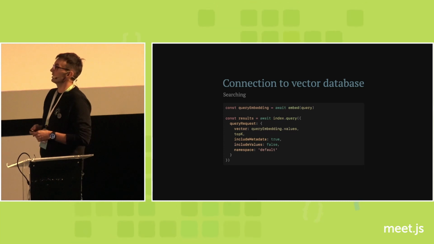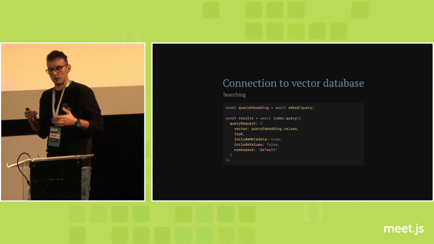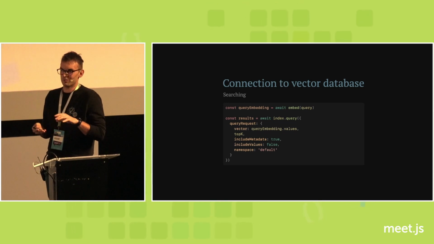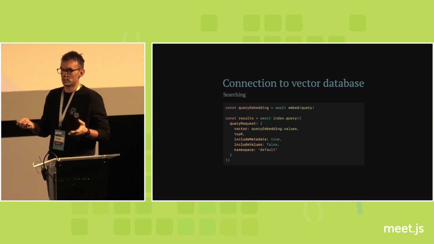So this is a difference between searching in a relational database and a vector database. In a relational database we have indexes, so we add an index to the table and we can use that.